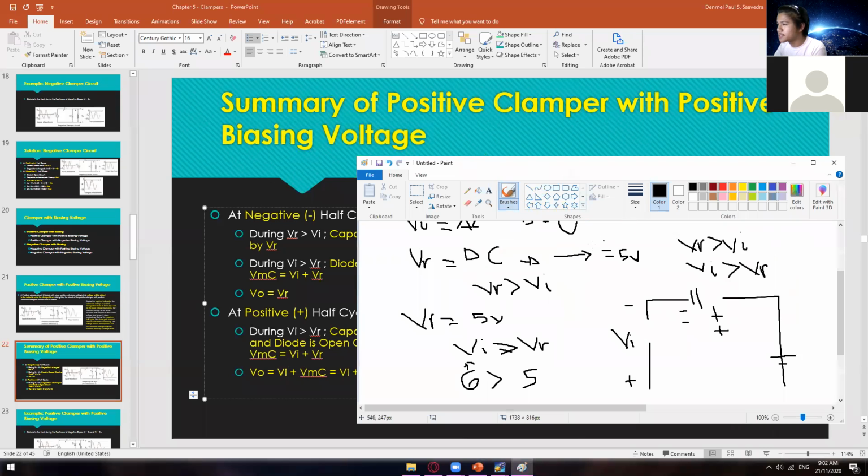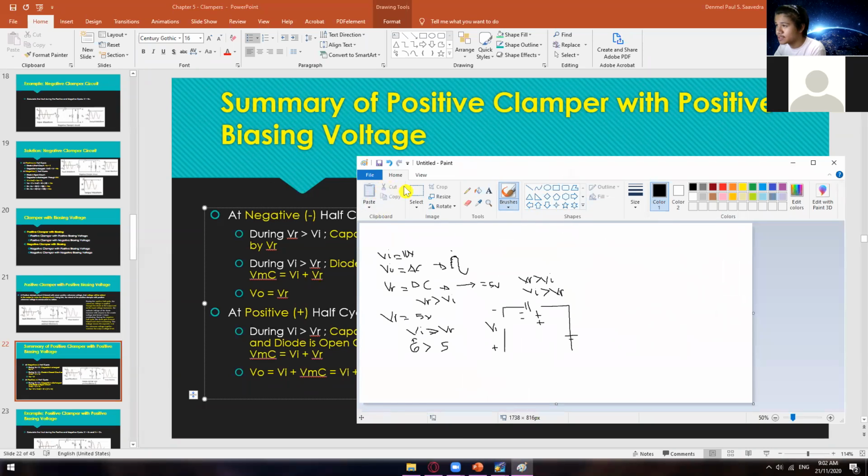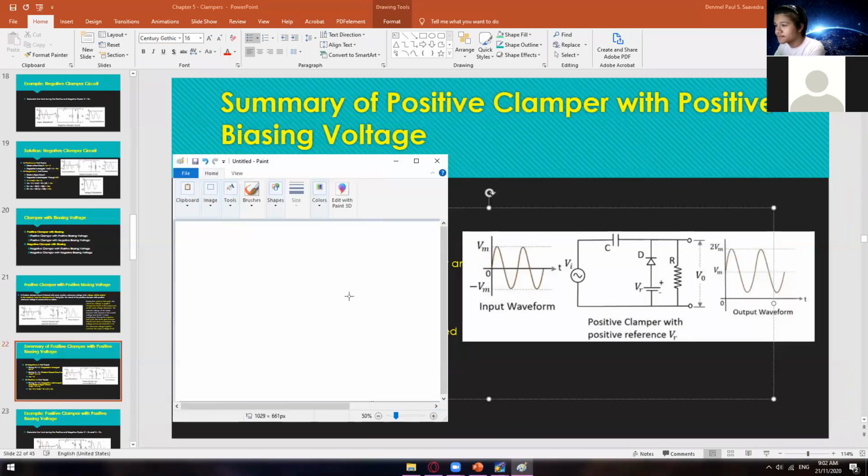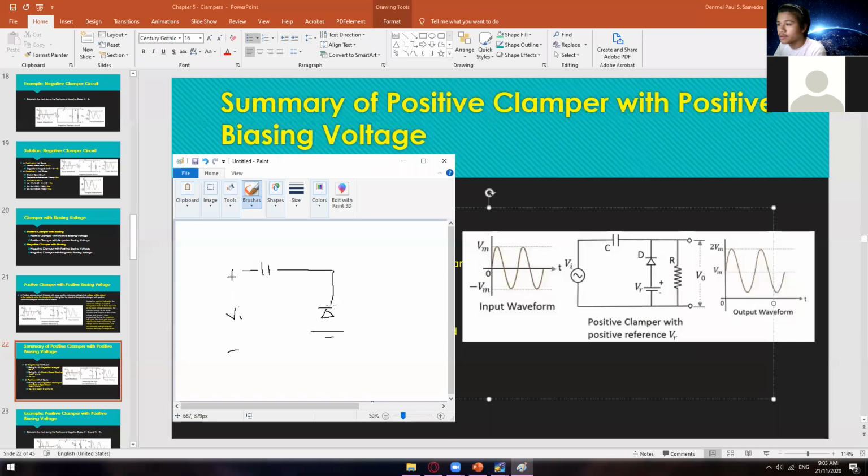Wait, let me just check whether this one is correct. Let's analyze step by step. All right, so positive, negative. This is V sub I, capacitor, a diode, and then the bias voltage.